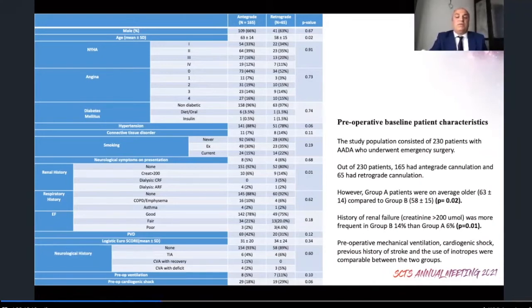The history of renal failure was more frequent in Group B patients in comparison to Group A, 14 to 6%. The rest of the data, preoperative mechanical ventilation, cardiogenic shock, previous history of stroke, and the use of inotropes, were comparable between both groups.